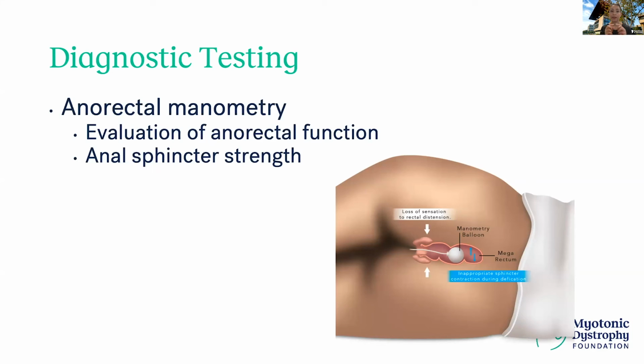So here, a very small, flexible tube, like a pen, will be inserted in the rectum. There's going to be a small balloon at the tip of it that is going to help us get the sensory levels after inflation in the rectum. This test is very easily done. There is no need for prep and no need for sedation.